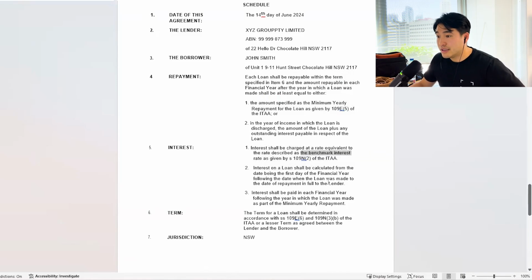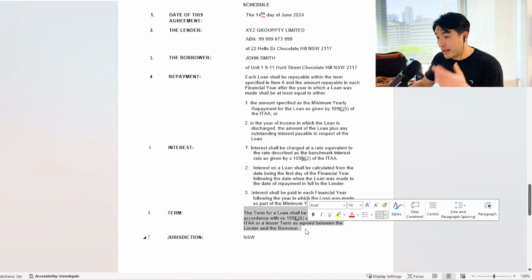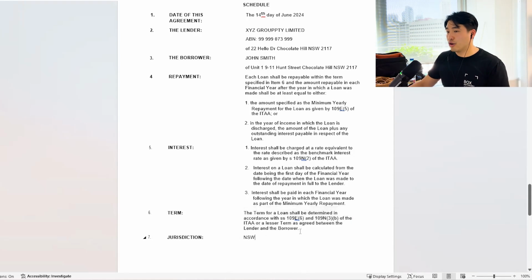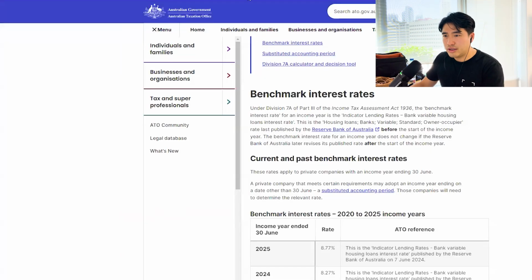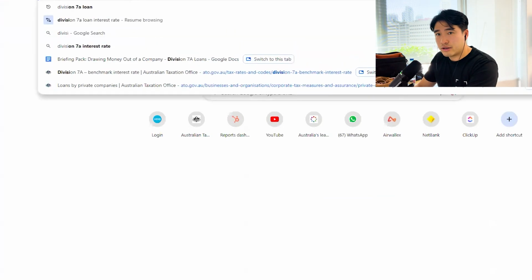Every year the ATO releases the benchmark interest rate you should be charging on this loan. There's also a term of how long you should repay the loan by. That rule is usually 7 years, or if it's a secured loan, I think it's 25 years. Let me just quickly confirm that.